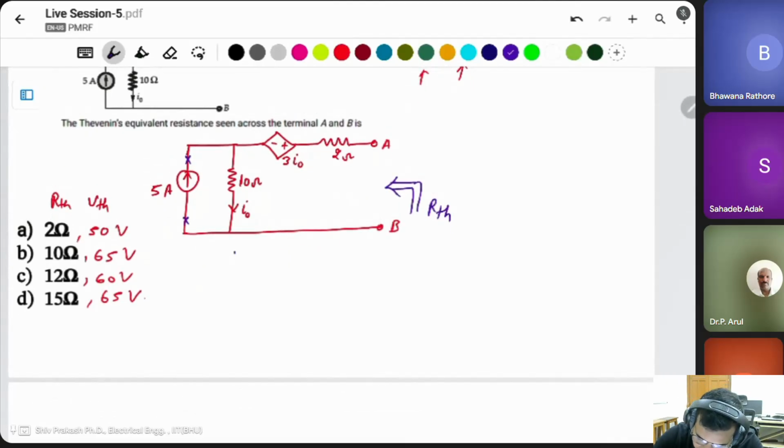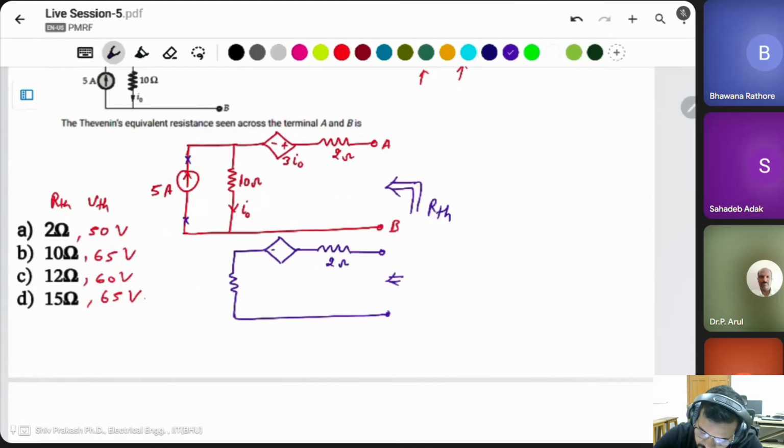Then the circuit simply looks like this: 2 ohm, minus plus of 3 I naught, 10 ohm. This is I naught.